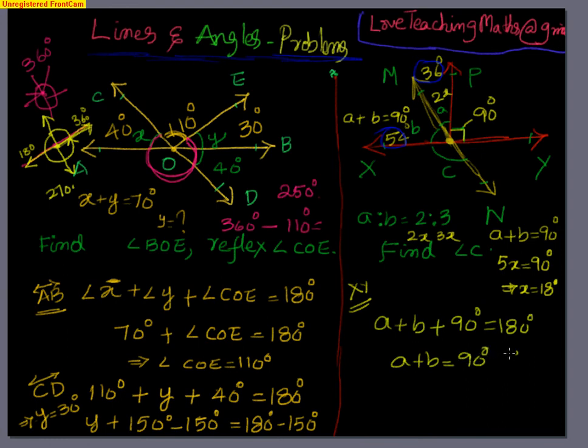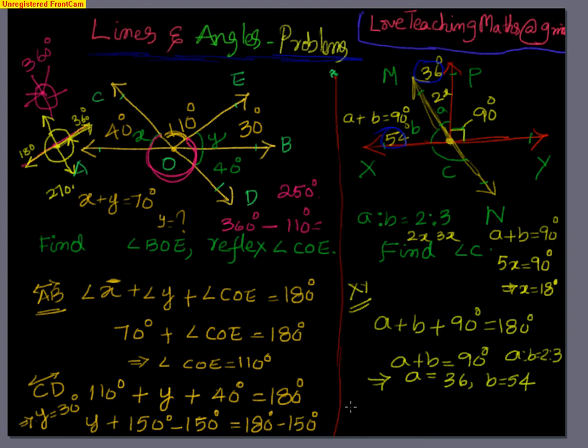We know that A is to B is 2:3, which gave us A equal to 36 and B equal to 54. But our interest is to find out the value of C.